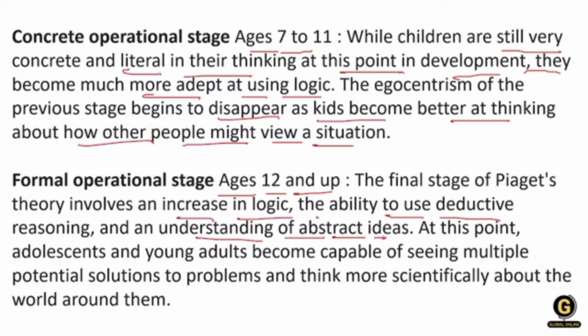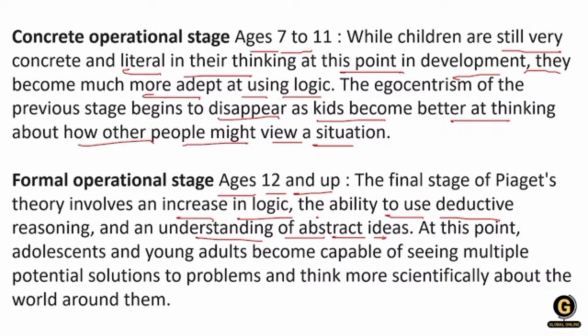Getting it? So in this stage, the children will start thinking on specific things, not on general things, but on a specific thing. They will develop their cognitive level to that thing.